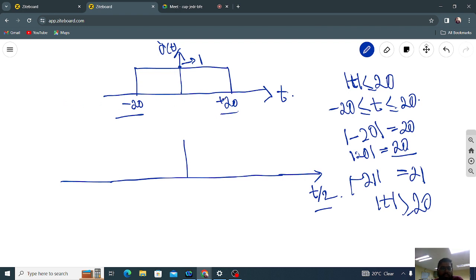It was t in the first, and t is bounded from minus 20 to 20. So when we think about this axis t by 2, this particular signal will be from what? Minus 40 to 40.